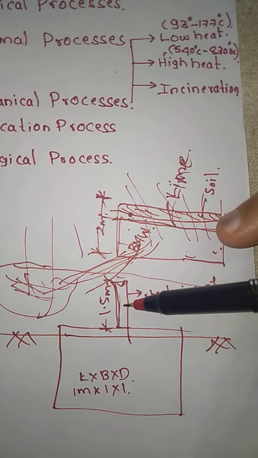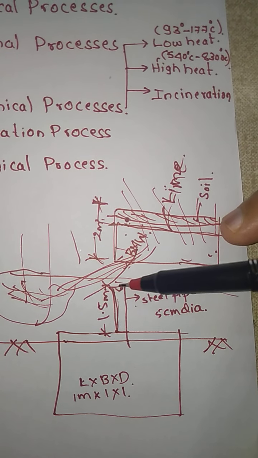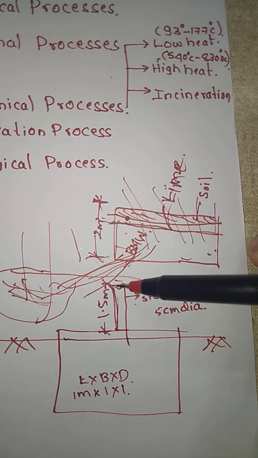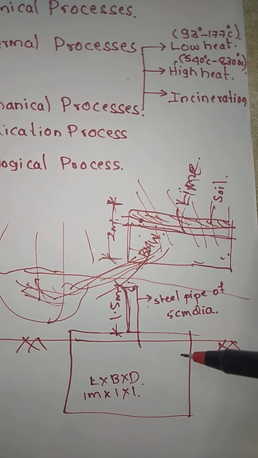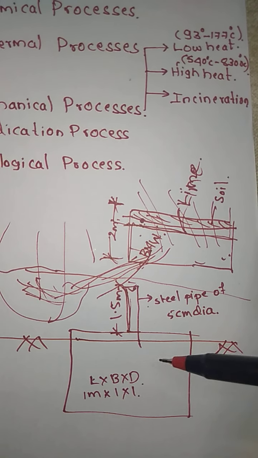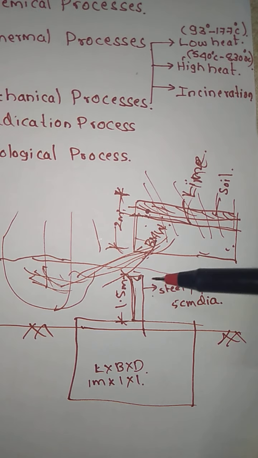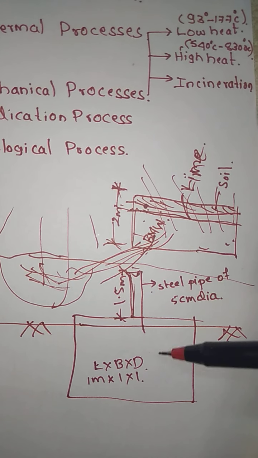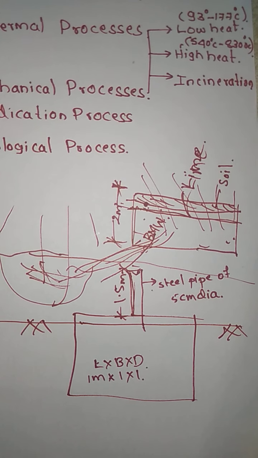From here we are going to dispose of syringes or blades, whatever sharp edges there are, into the pit of 1 meter by 1 meter by 1 meter. As these sharp materials are harmful to human beings, we dispose of them here.